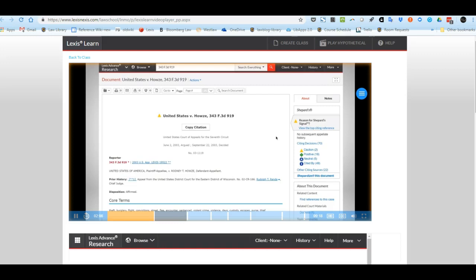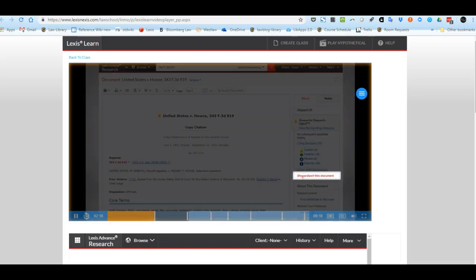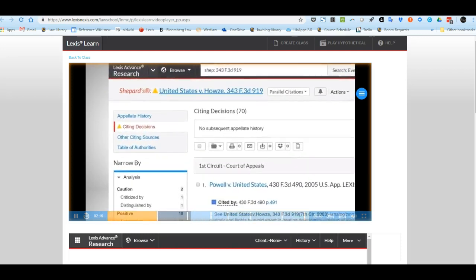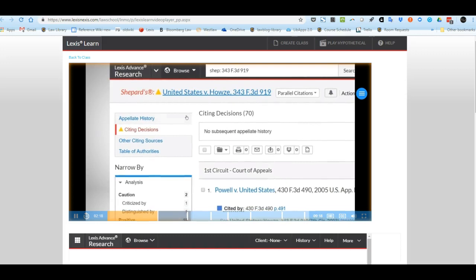Click on Shepardize this document to the right of the case. You have 4 options on the top left. Appellate history provides the events in the litigation chain of your case so you can follow its path through the court system. Citing decisions lists the cases that have cited your case and how they treated your case.